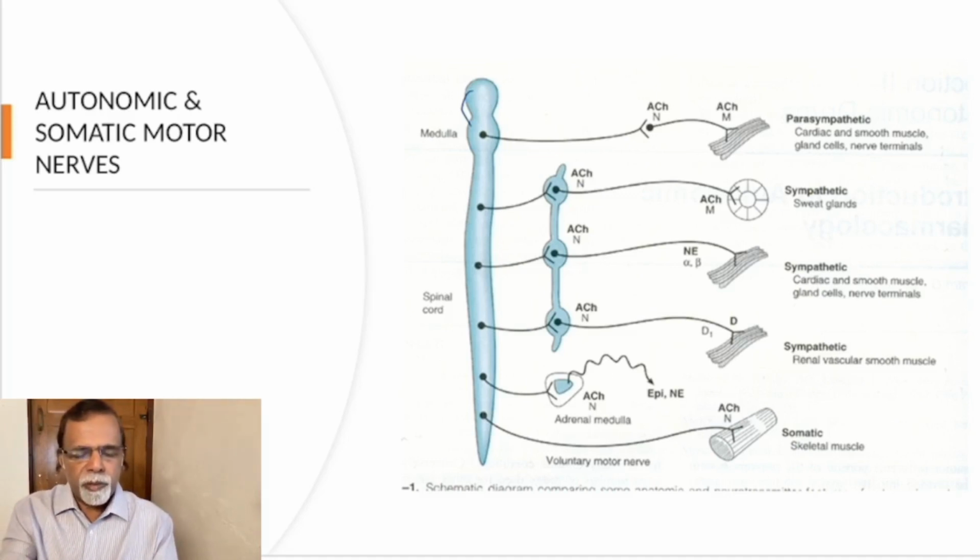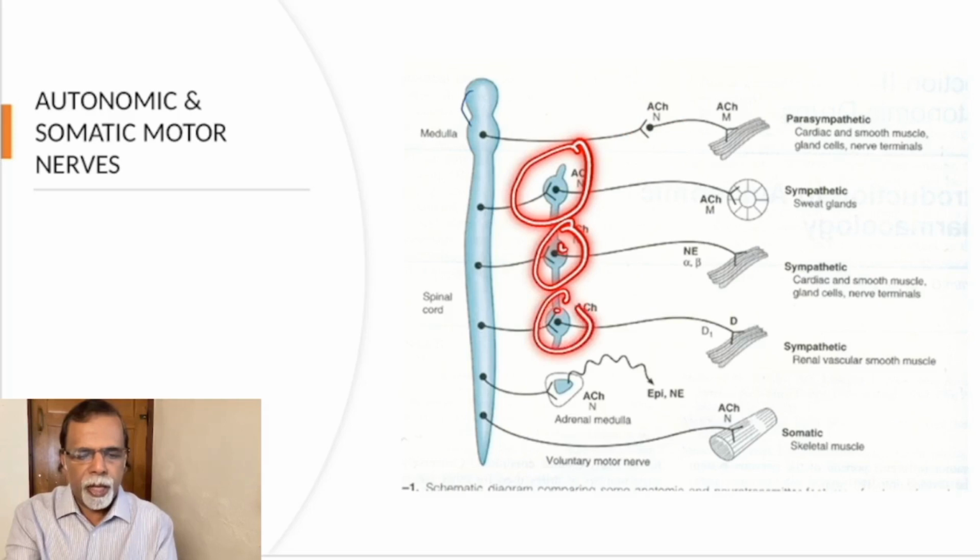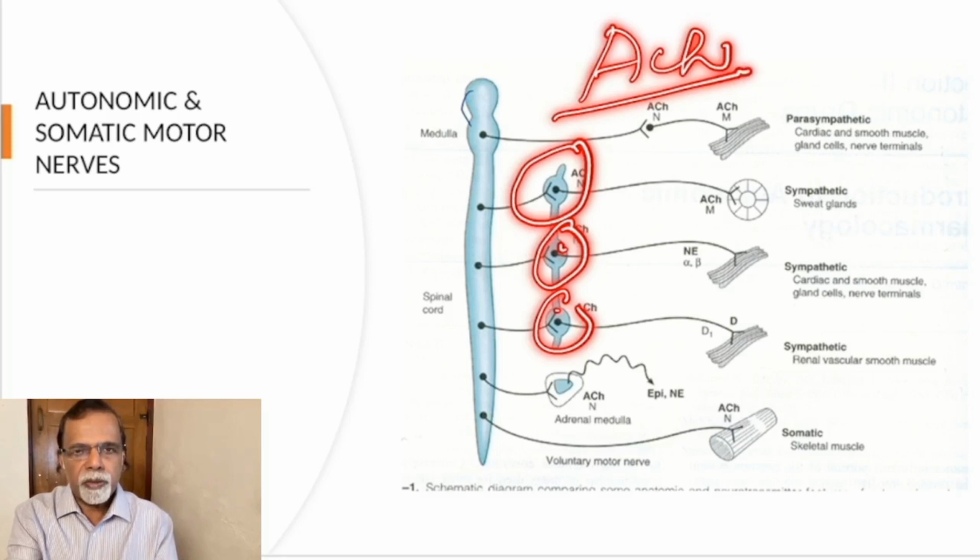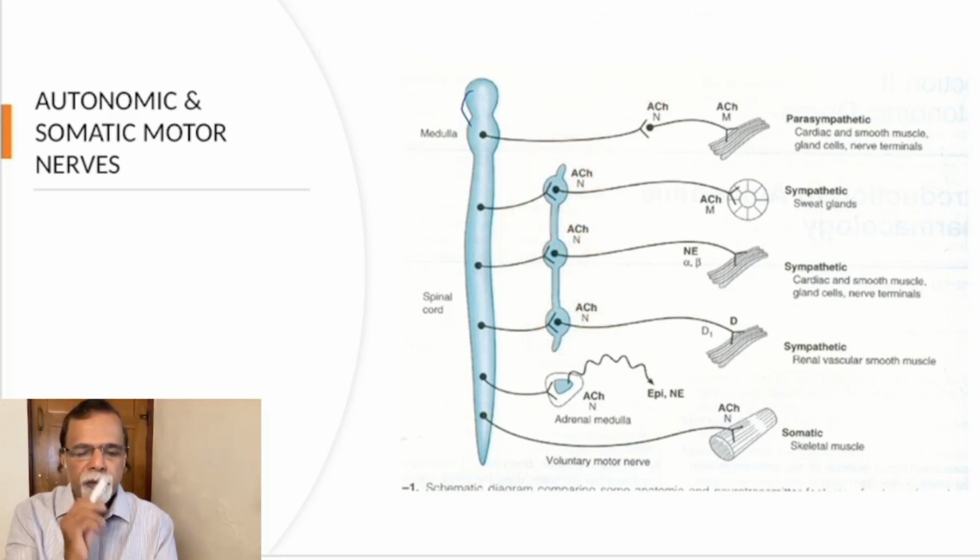Again, one more thing you should remember, that is the preganglionic neurotransmitter is always acetylcholine. That is another concept you should keep in mind. That is the preganglionic neurons, whether it is sympathetic or parasympathetic, the neurotransmitter is acetylcholine. The third point which you should remember again is that in the sympathetic system there is an exception.